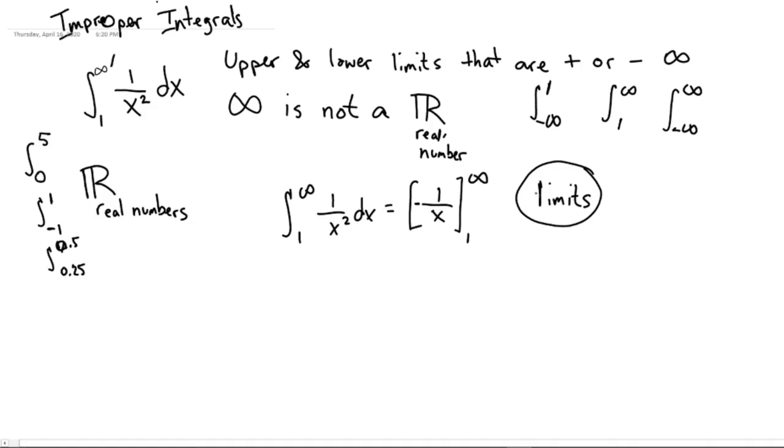You cannot evaluate any function without using limits because it's not a real number. So I would say the literal proper way to evaluate this is to rewrite it with infinity as some new variable. So that's what we'll do here.